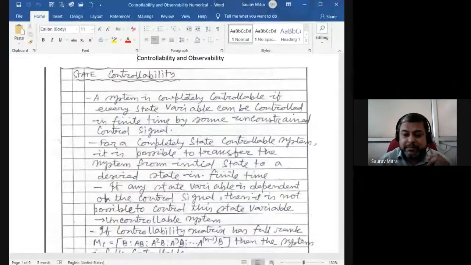So same system, e^(At) x0 in internal part, initial part will be same, but depending on the input given, the ZSR will change and overall system response will change. And overall system response, or x1(t) and x2(t), that will be the addition of zero input response and zero state response. So that solutions we have done last day.